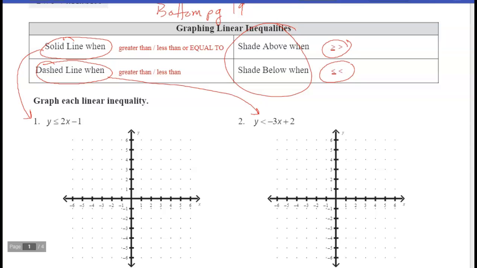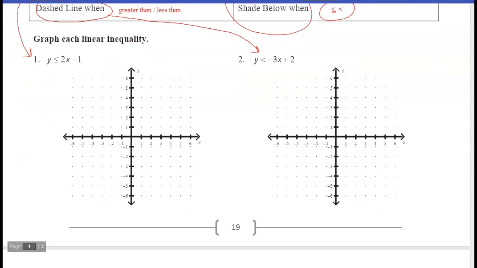Okay, so this first one here, let's just go and graph this like normal. I'm going to quickly graph this. We've got 2x minus 1, so we come down here at negative 1. My slope is 2, so I'm going to go up 2 over 1. And this is a solid line, so we're going to make a solid line like that.